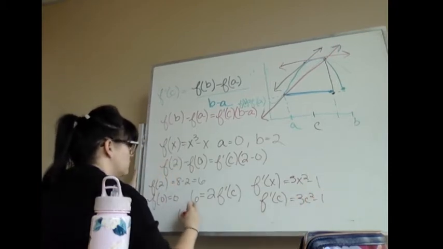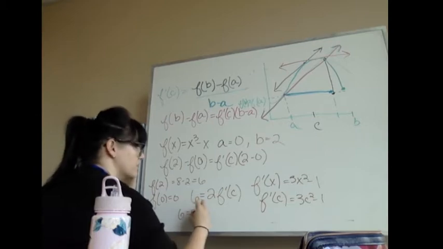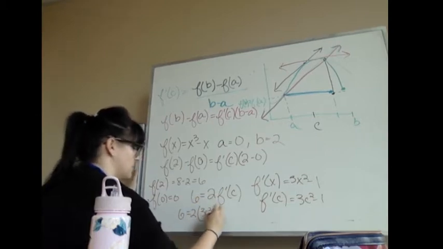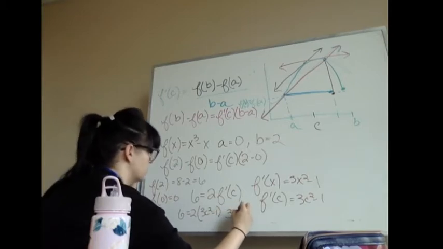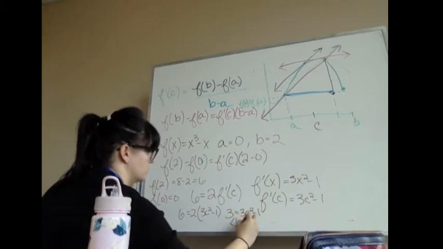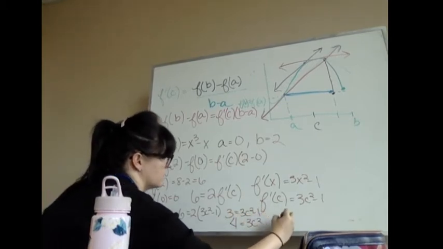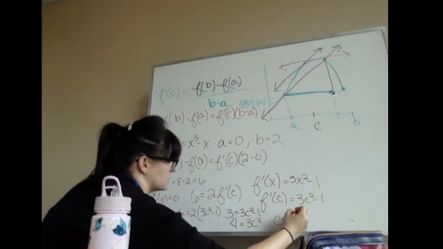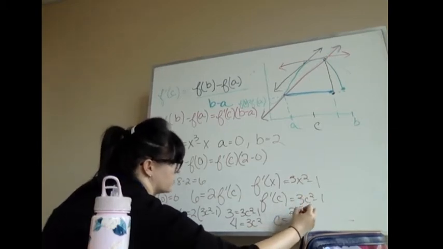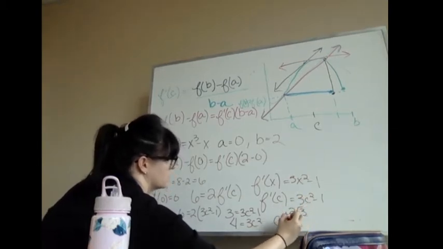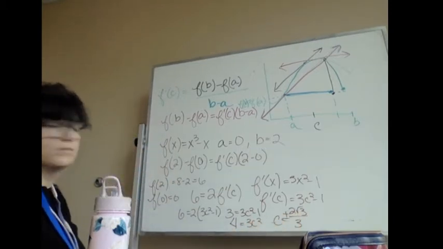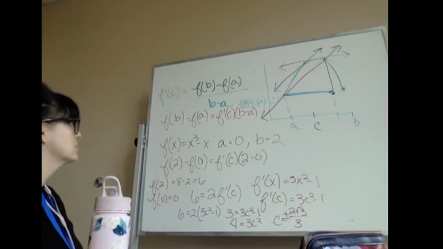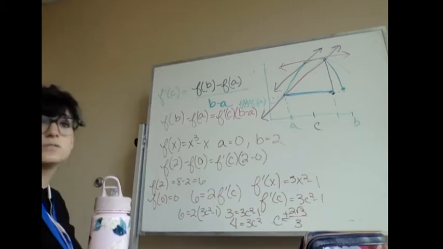So 6 equals 2 times 3c squared minus 1. 3 equals 3c squared minus 1. 4 equals 3c squared. c equals plus or minus 2 root 3 over 3. Does that make sense?